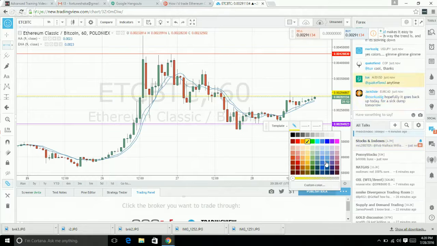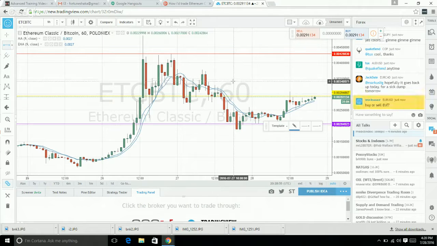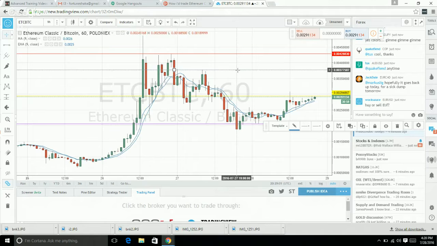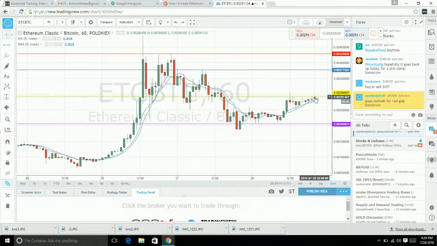Let me do this blue. I'm going to add it there. So, like I said, we see a doji here.